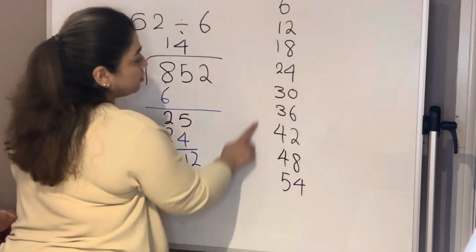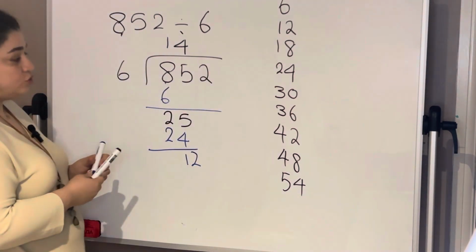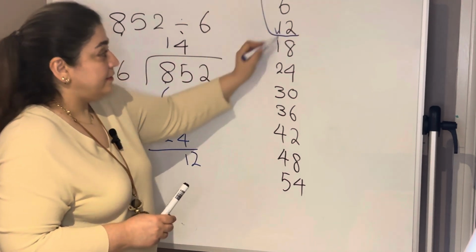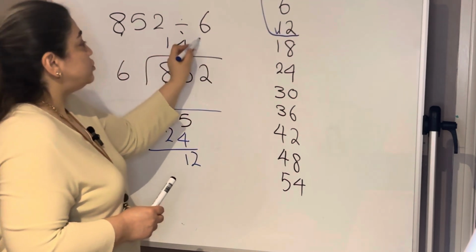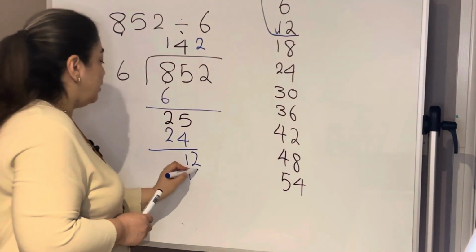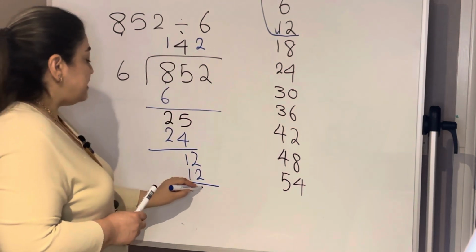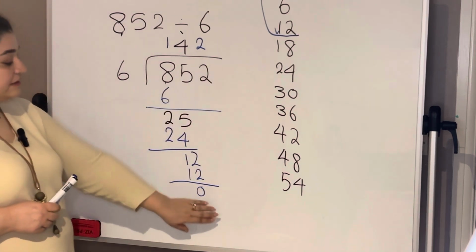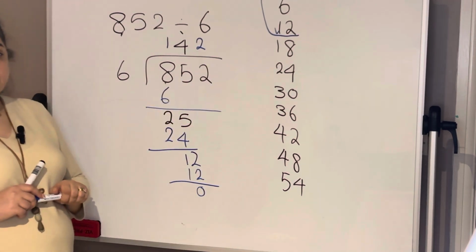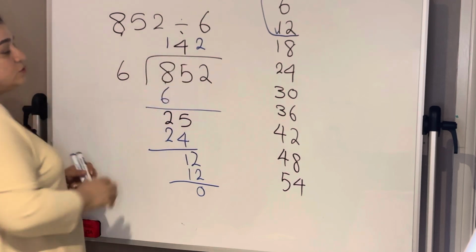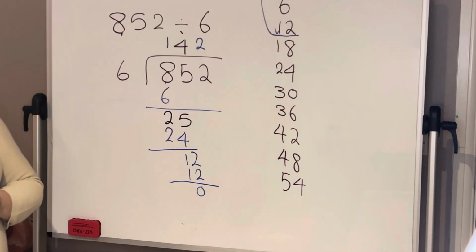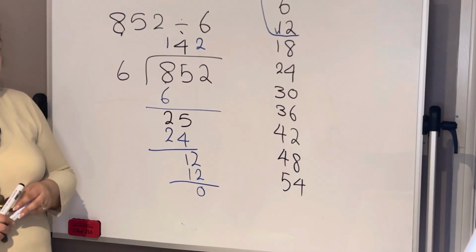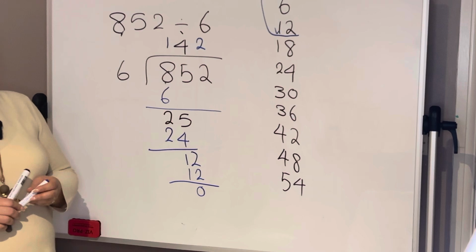When you look at this times table, you can see 12, which means 6 times 2, so it is 12. And when you do take away, the remainder is 0, and I don't have any more numbers to write down here. So what is the answer? It is 142. If you carry on with this method, it's much easier to understand division. Good luck.